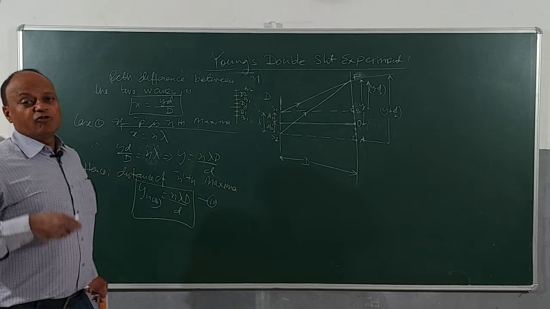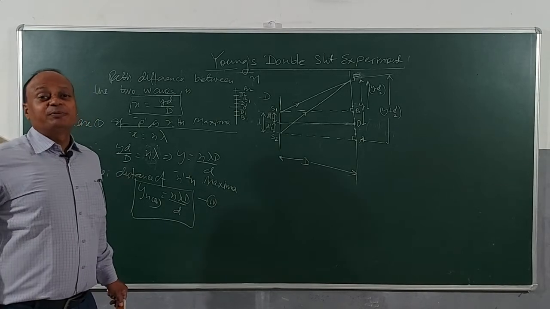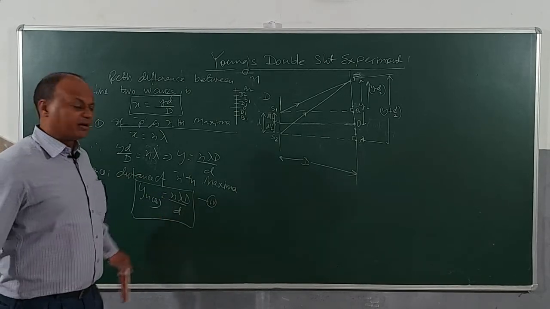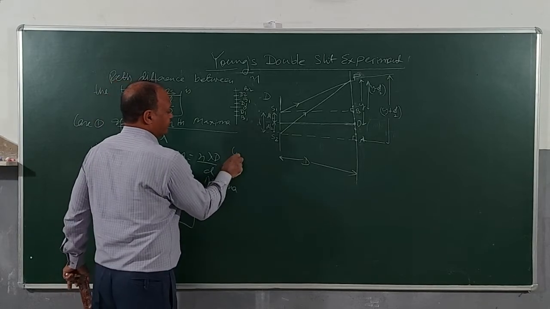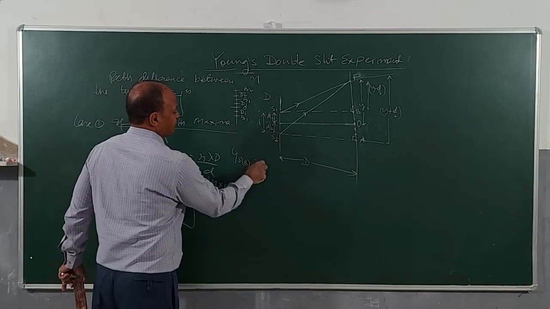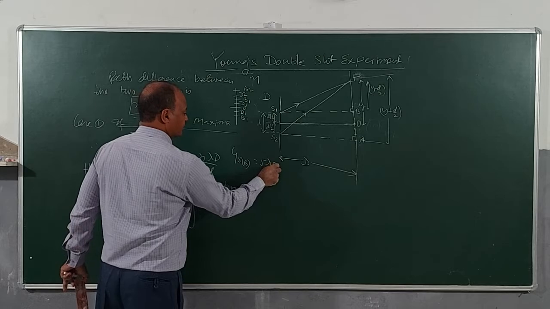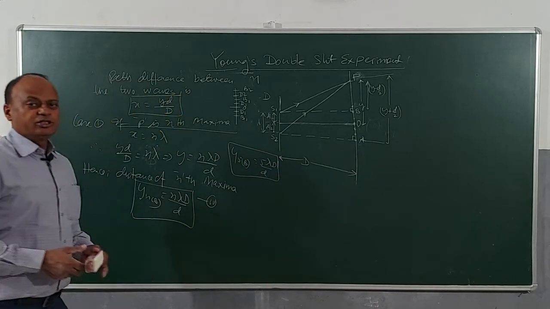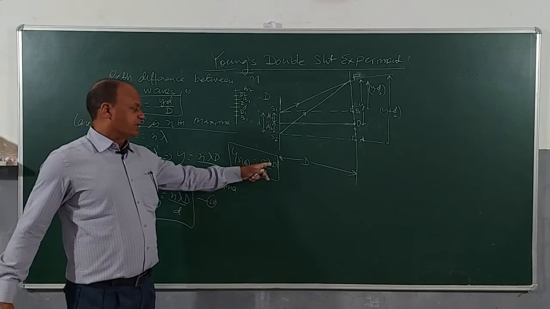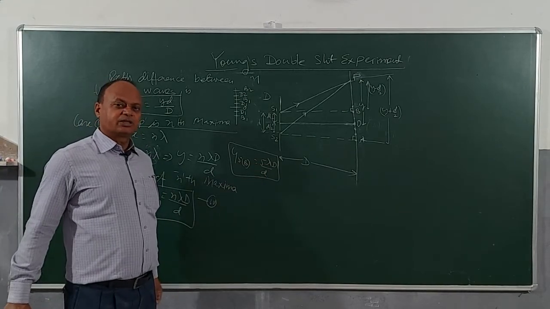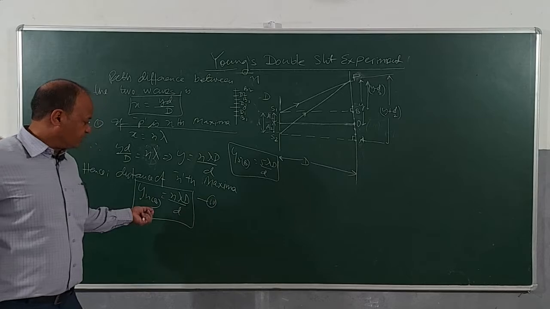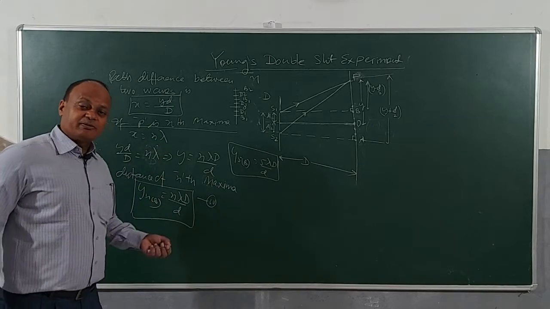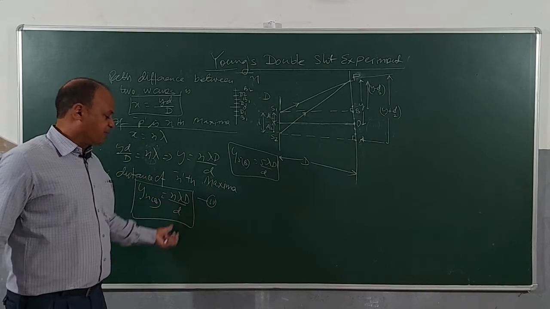You will just put n equal to 5. So y5 for bright will be 5 lambda D by small d. Very easily you can calculate. All you need to do is insert the values of lambda, capital D and small d. Clear? So this is a very important formula that you must learn. Distance of nth maxima from central maximum is n lambda D by d.